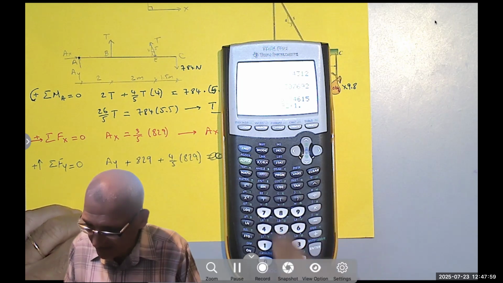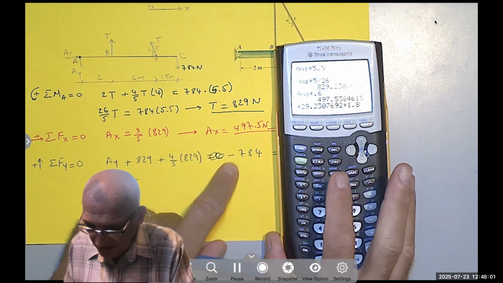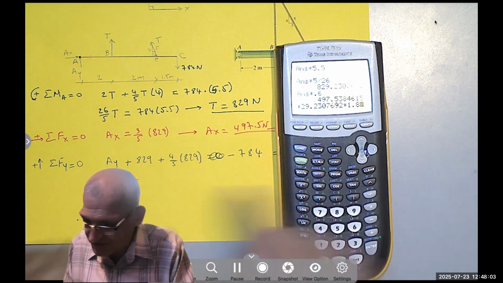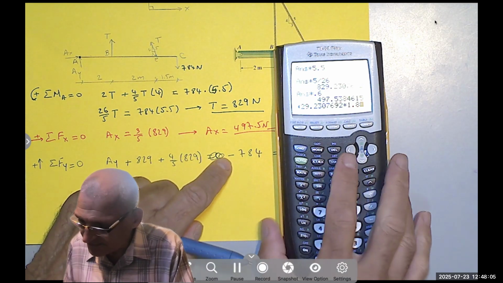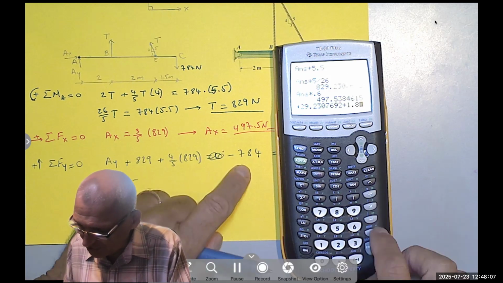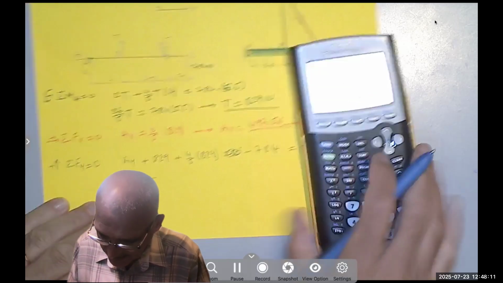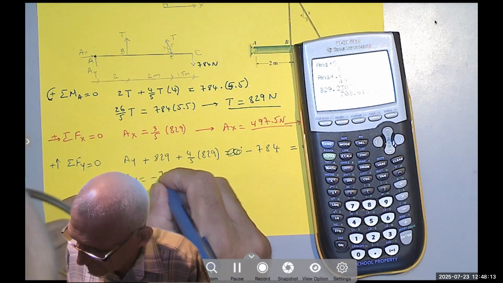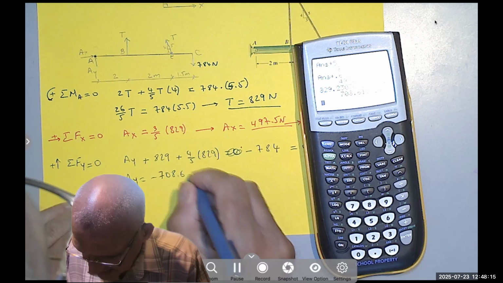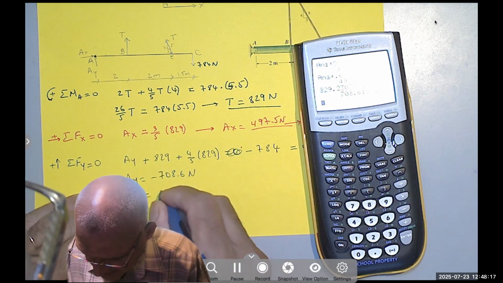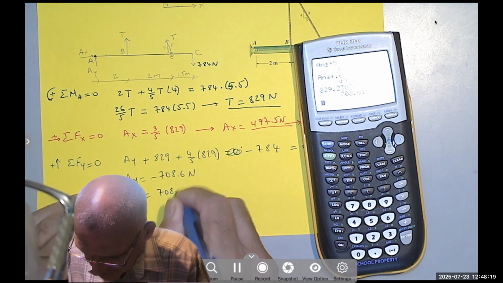That's a negative, of course, but I wrote it as positive. So I'm going to subtract 784 and enter the answer as negative 708.6 Newton, which is 708.6 Newton down.